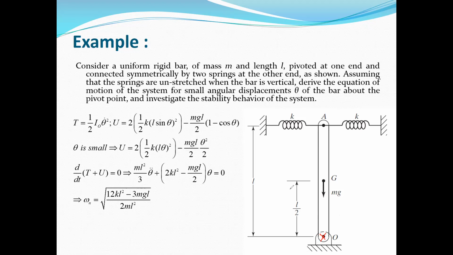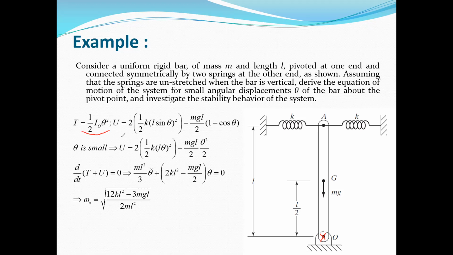You can write the kinetic energy for this rigid body in two different ways. You can write it about point O, because this is a fixed point and a pure rotational motion. You can easily write the kinetic energy as one half times the mass moment of inertia about point O, the fixed point of rotation, times theta dot squared, where theta dot is the angular velocity of the rigid body.